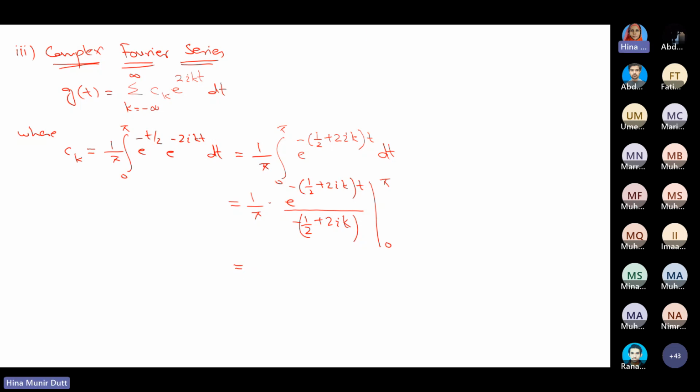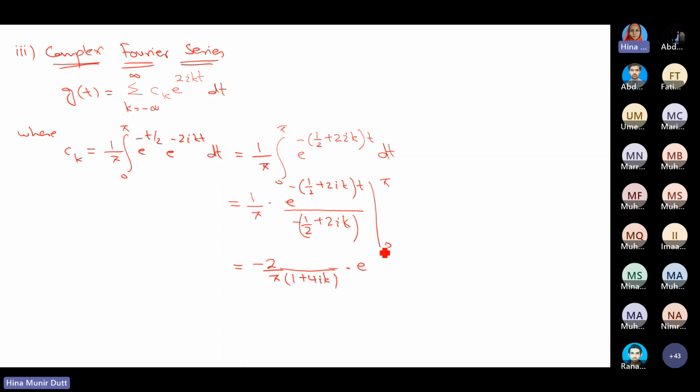This is, you take common 2, it becomes minus 2/pi into 1 plus 4 iota k.